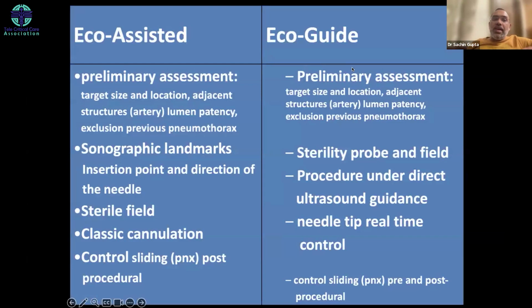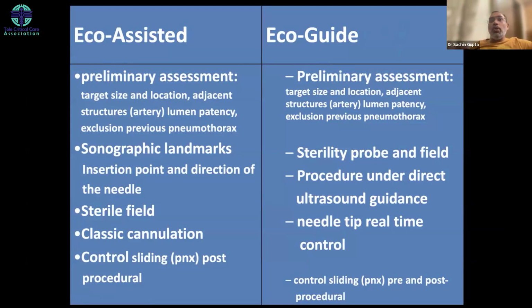So when I say echo assisted or echo guided, assisted means you are doing a preliminary assessment where you are looking at the target size, the location of the vein or the artery or anything else, the adjacent structures because you want to avoid damage to them, and the lumen patency.